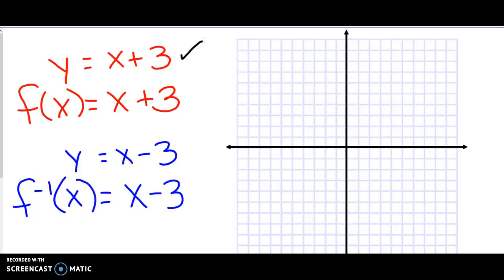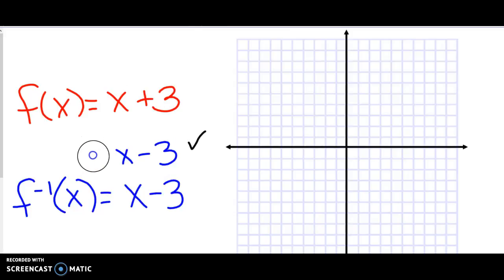I rewrote it as f of x equals x plus 3 so that we're used to seeing it like that also. And then the inverse we found was y equals x minus 3, but I wrote it in the right notation for pre-calculus: f inverse of x equals x minus 3. It still means the same as y. It's just that it means it's the inverse of that f function.